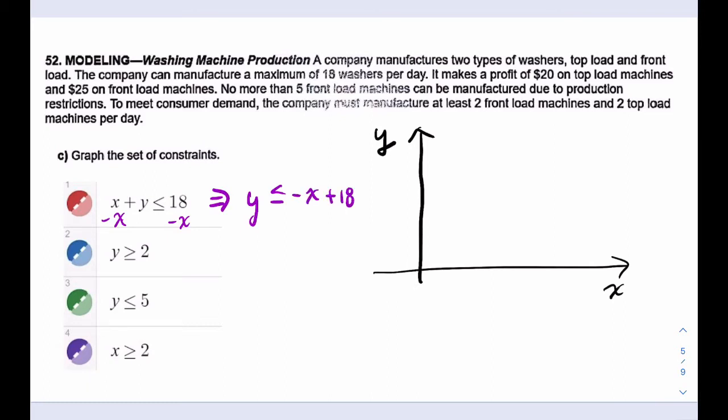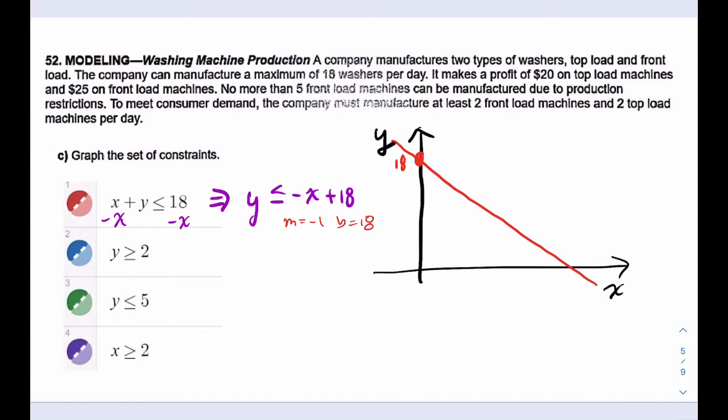Then the other ones are pretty straightforward. In order to graph this one, I'll graph it in red. I'm going to start at 18 on the y-axis, and then I'm going to go down 1 over 1, down 1 over 1, because the slope of this boundary line is equal to negative 1. So our m is equal to negative 1 and our b is 18.